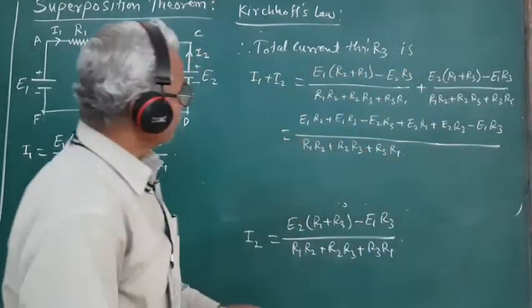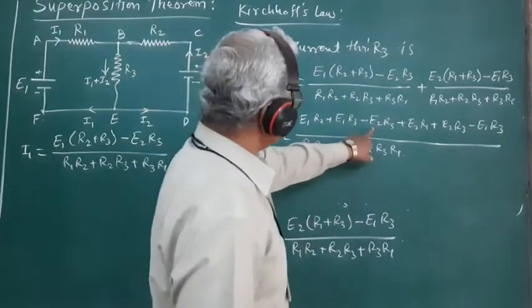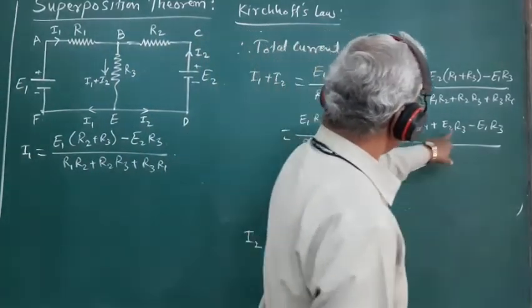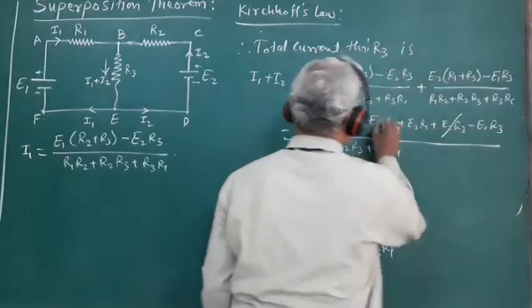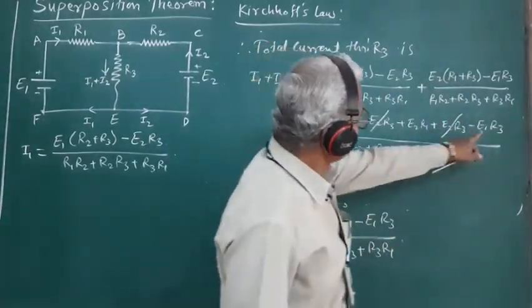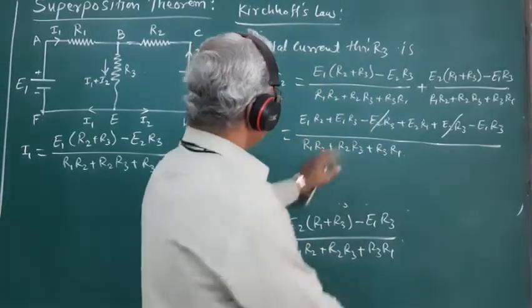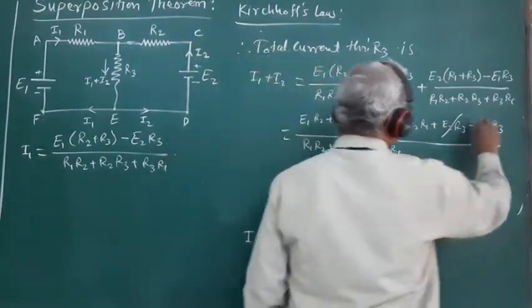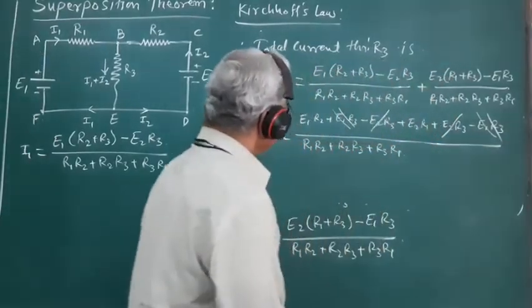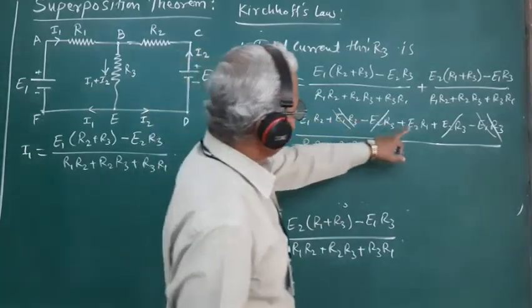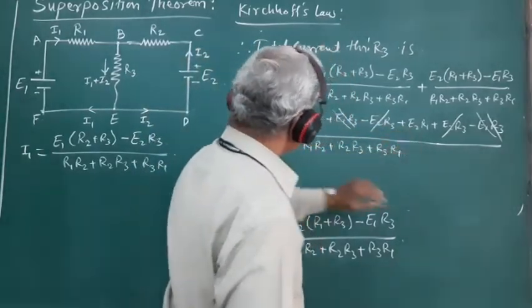So which terms will cancel? This is minus E2 R3 and here it is plus E2 R3. So these two terms will cancel. There it is minus E1 R3 and here it is plus E1 R3. These two terms will cancel. So the net total terms are E1 R2 plus E2 R1 divided by this.